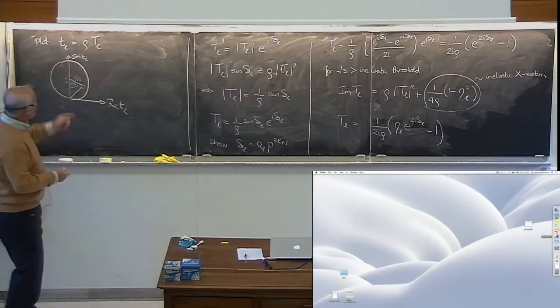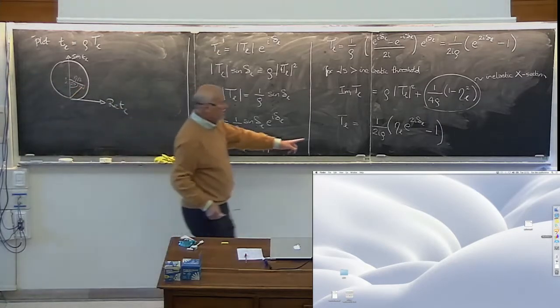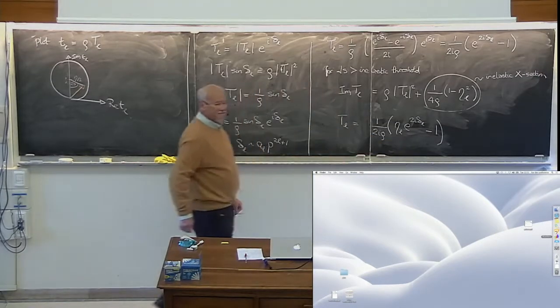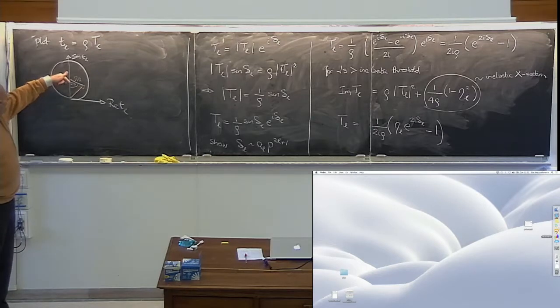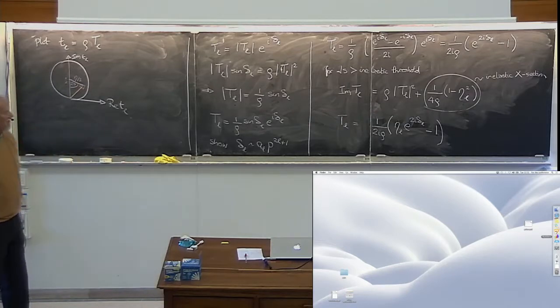And that is just a representation of exactly this formula, because it starts from a circle whose center is i over 2, so that's why it's like that.